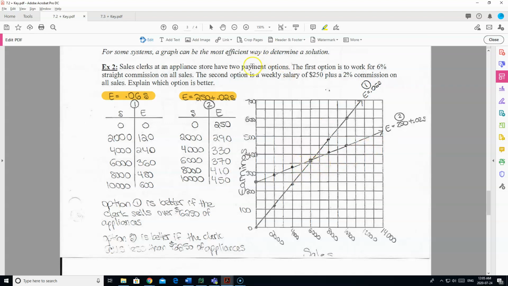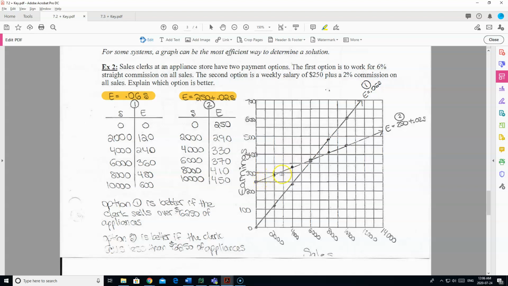So going back to the question, what is the question? It is to explain which option is better between these two. So this is kind of like a trick question where one option is better than the other depending on how much sales you're getting, right? So if you're not very good at sales, you're probably going to want to take option 2, the graph here, because it starts at 250, so you still get your base salary, right?